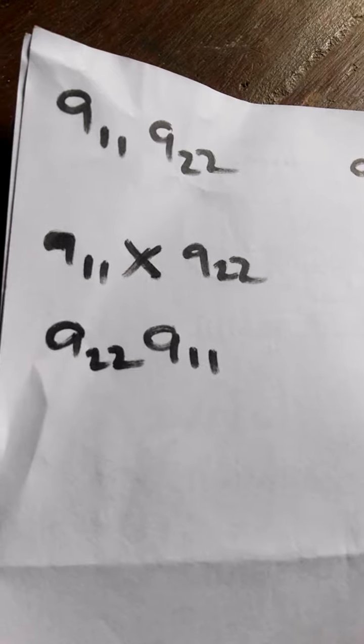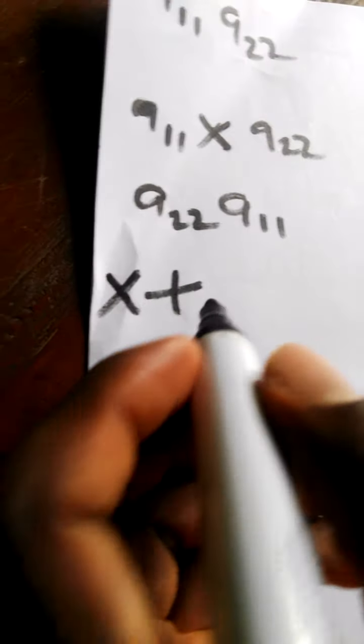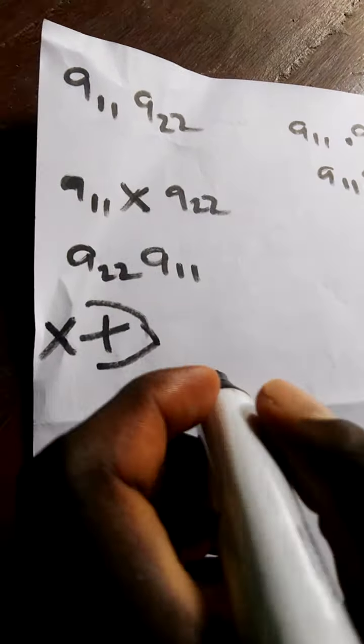Now you can also write it as A22, A11. You know why you can write it like this? Because the law of multiplication does not follow any order. Multiplication and addition are commutative. What do I mean by commutative?